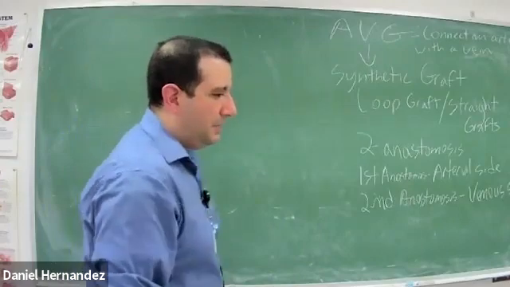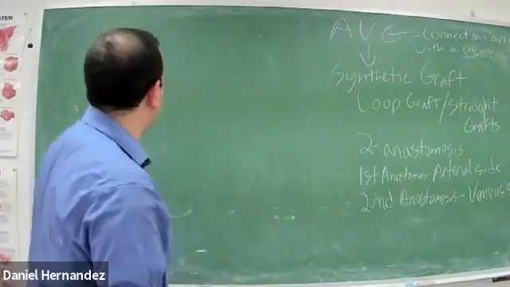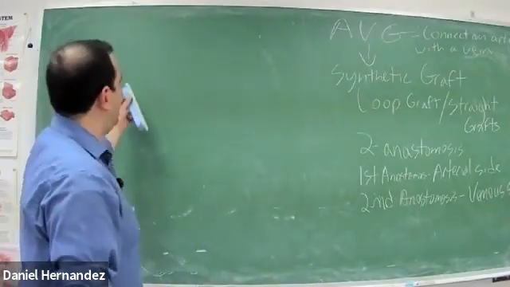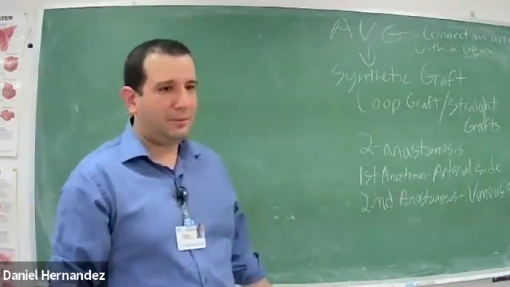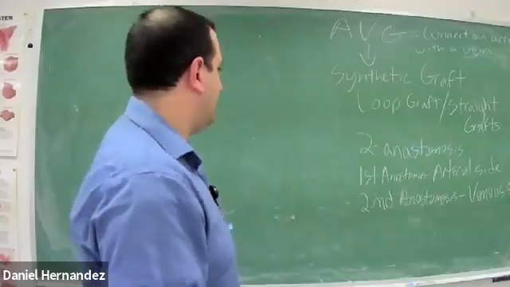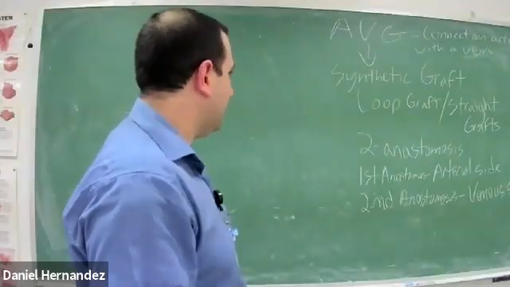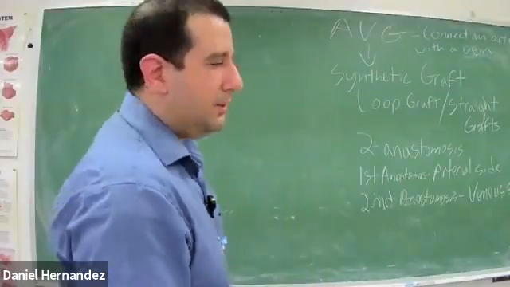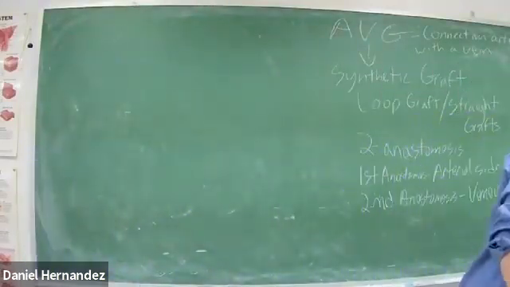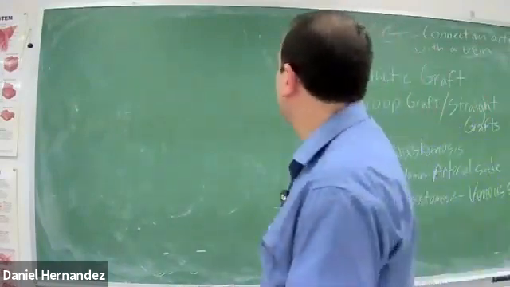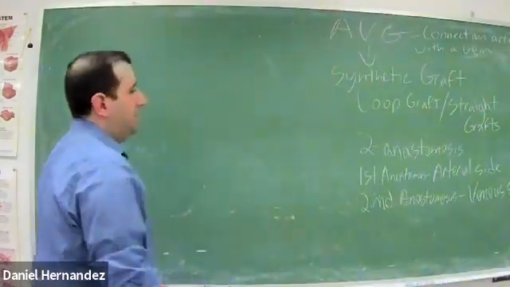So what was it? It was 0.3 for the vein if we're doing an AVF, and 0.4 if we're doing a graft. So 3 millimeters for an AVF, 4 millimeters for an AVG.